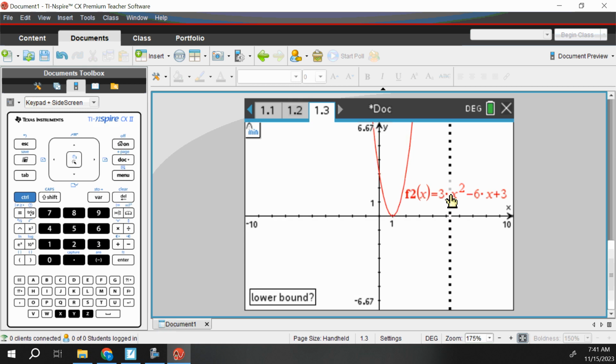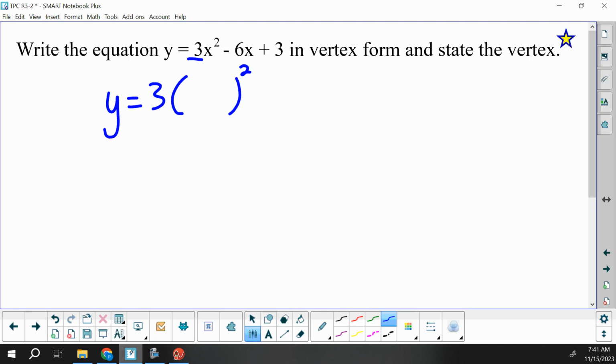Lower bound, select something left of the minimum, upper bound, right of the minimum, and we get 1 comma 0. So the second part of the question, state the vertex. Our vertex is 1 comma 0. So that means on the inside, we want to show that we're going right 1. When you go right 1, we should subtract from the x, so we'll have x minus 1.